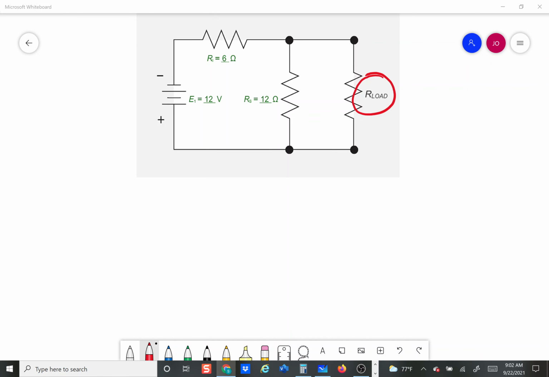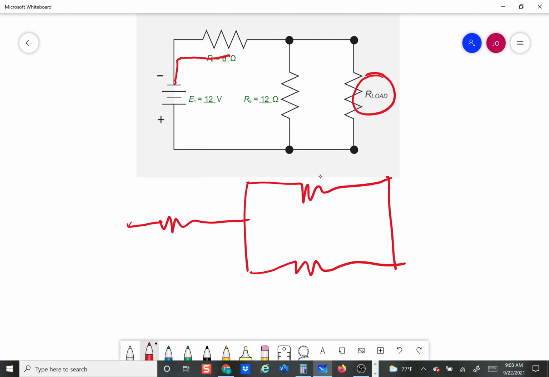So instead of us going through and redrawing the circuit, again, going back to first year DC theory, where we had our resistor that was in series, and then these two parallel resistors, and this resistance would be this amount every time, so this would be 12 ohms every time, and this would be 6 ohms every time. But we would have to go through now and change the value of this load resistor.